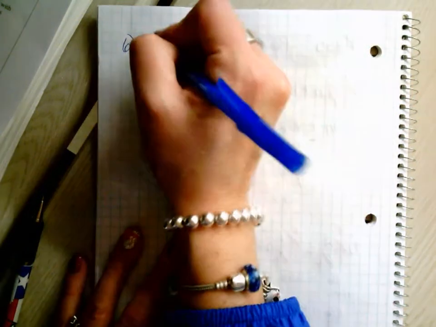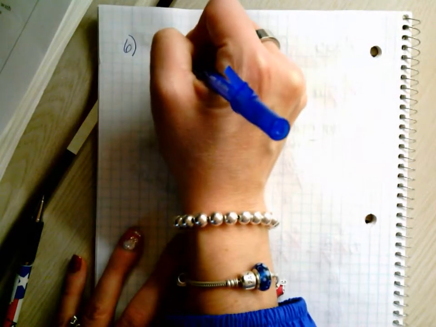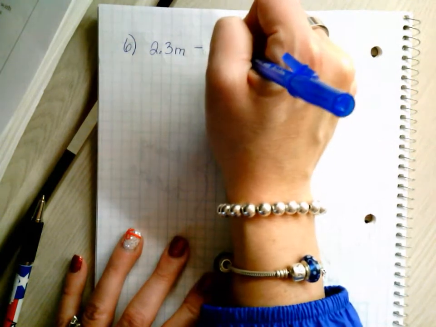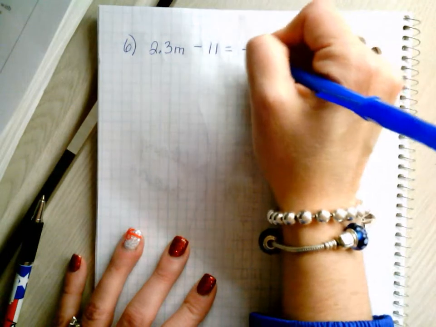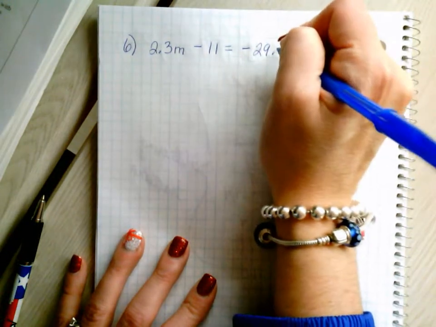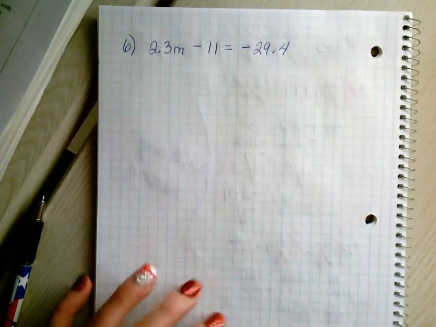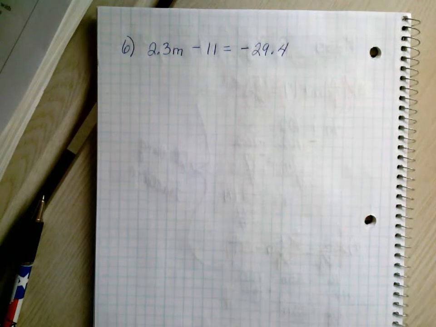Number 6, stay with me. 2 and 3/10 m minus 11 is equal to negative 29 and 4/10. Okay, Philip already explained how we clear. We look at the decimal with the largest amount of decimals being utilized.